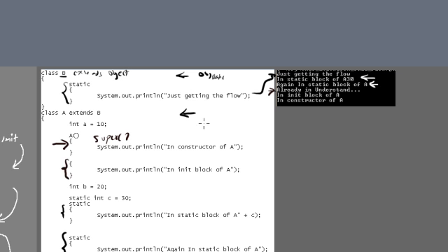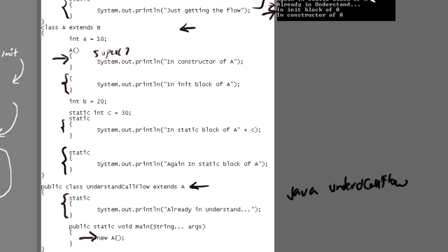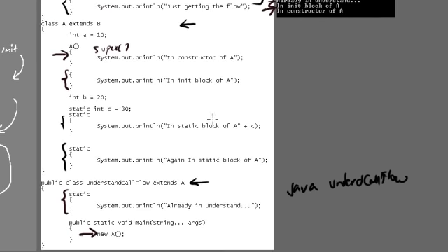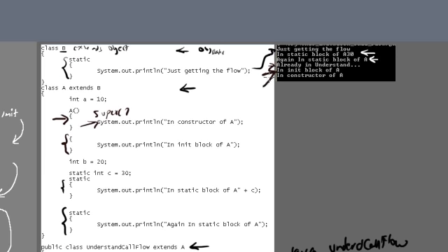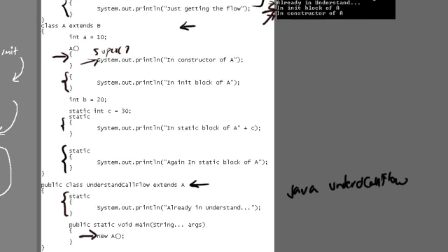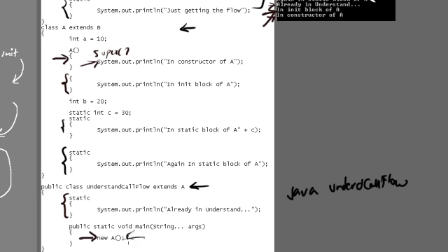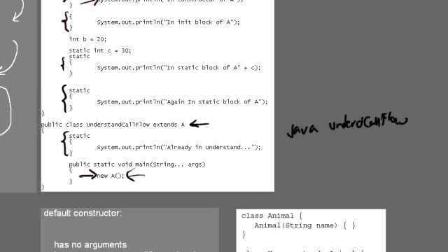So it says init block of A, which is that line there, and finally this constructor is executed, and then it says in constructor A, and then the controller returns back to this point, indicating the object is created.